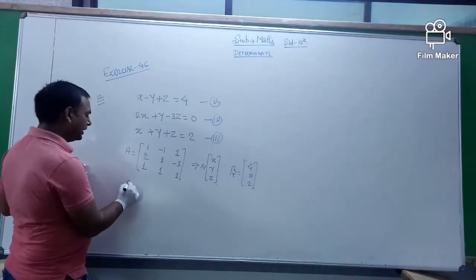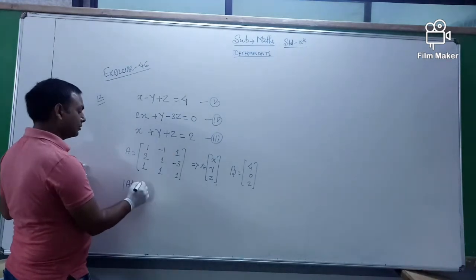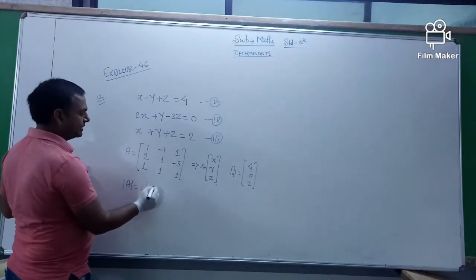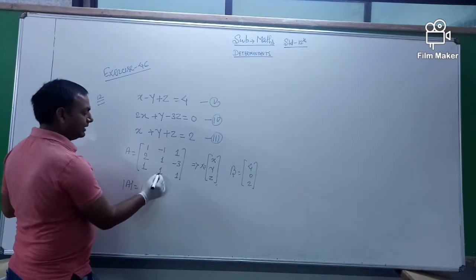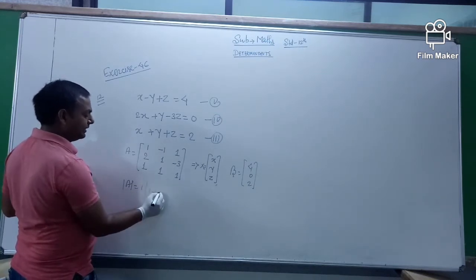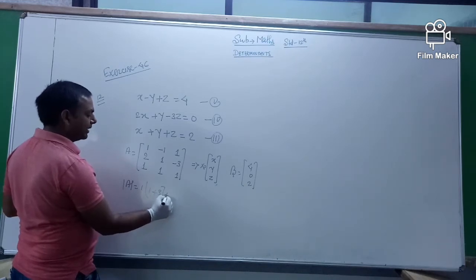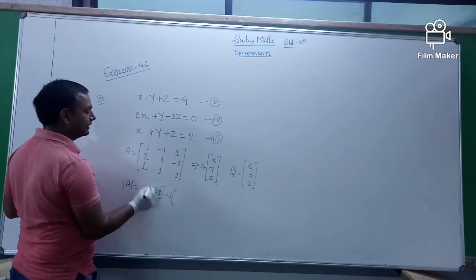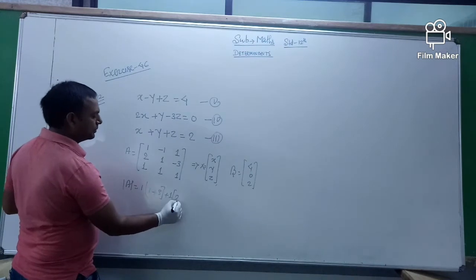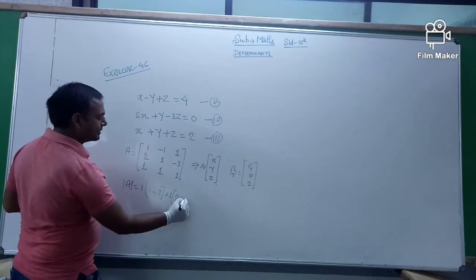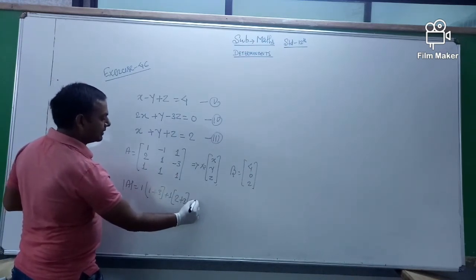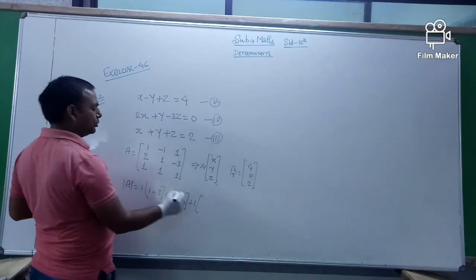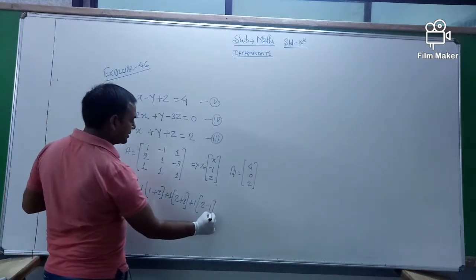Then you find the mod A, that is equal to 1, 1 ones are 1, plus here minus 1, so 1 threes are 3, so plus 3, minus 1, it is a plus 1, then 2 ones are 2 and 1 threes are 3, plus 3, plus 1, then 2 ones are 2, minus 1 ones are 1.